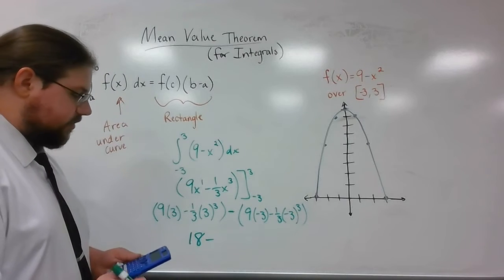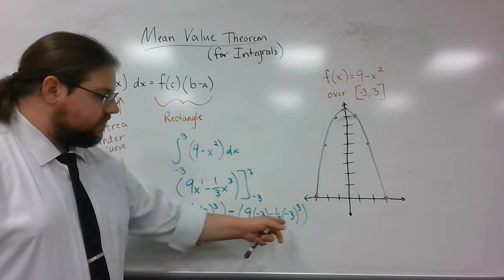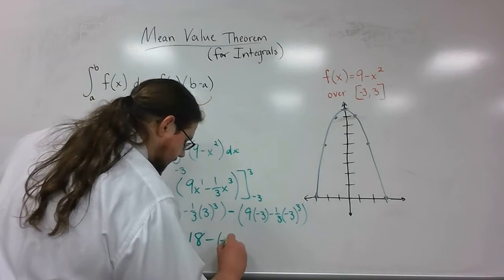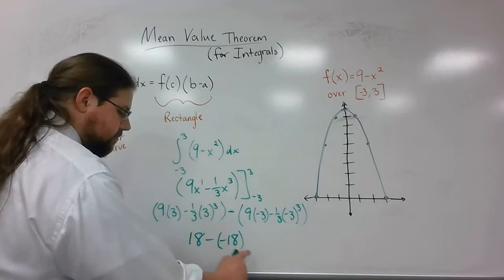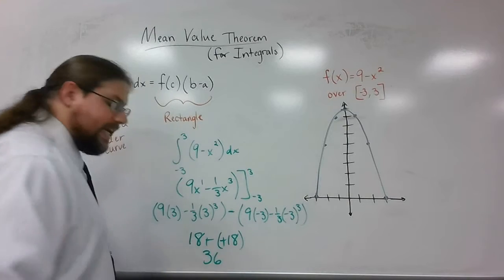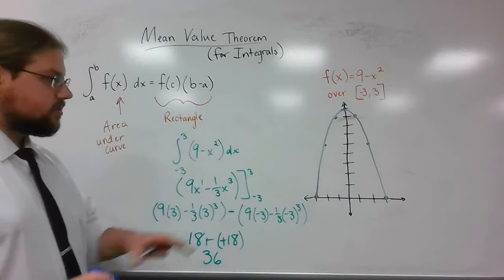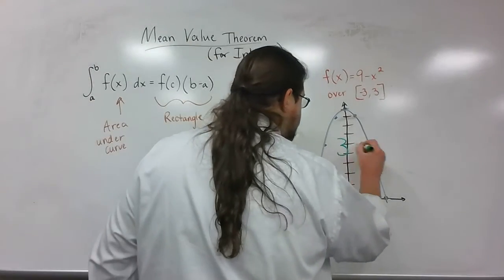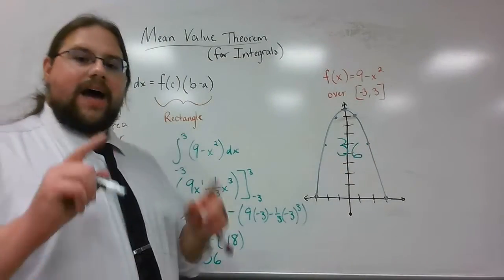So 9 times negative 3 is going to make negative 27. That's going to turn into a positive, so that's actually going to turn into negative 18. But remember, we're going to subtract here, so it becomes adding. We get a total of 36. Now, I've got that figured out. So the area under this curve right here is currently 36.